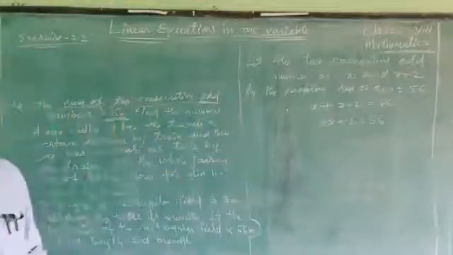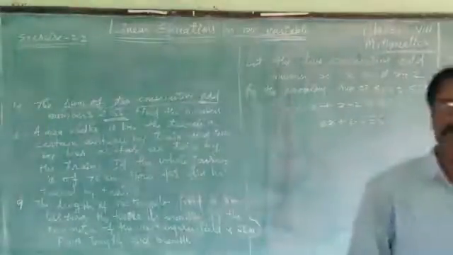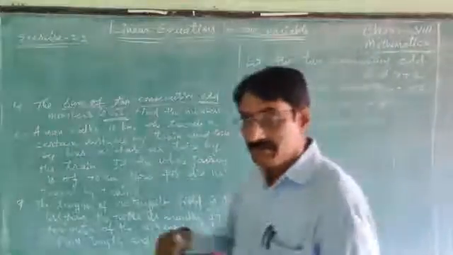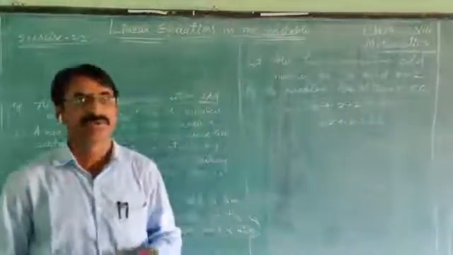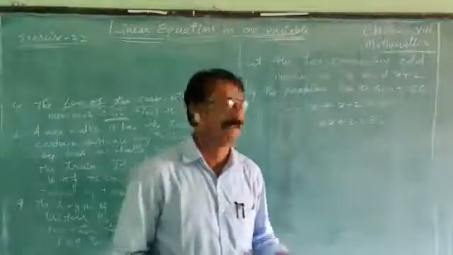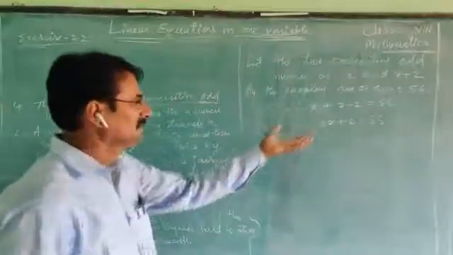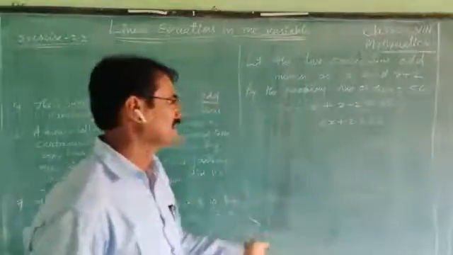We change the given information into a simple equation. Every sum in this chapter, we change the given situation into an equation. Now if we solve this one, we get the x value.